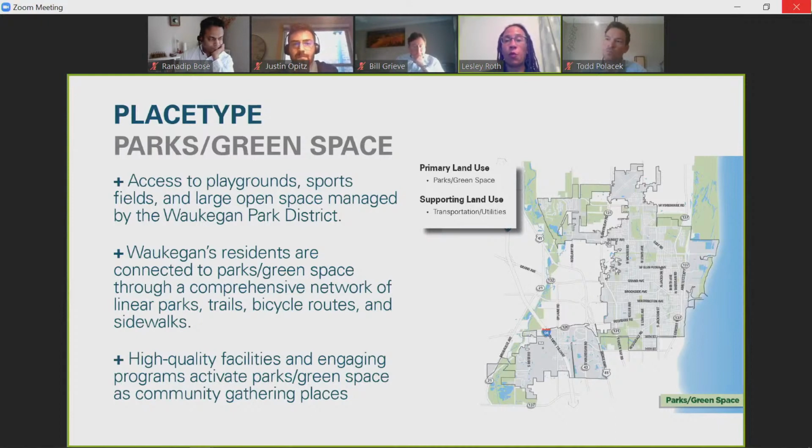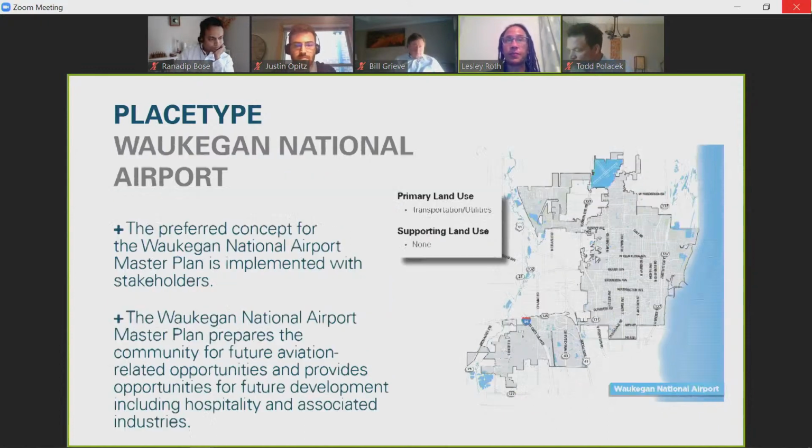However, we wanted, again, to plan for the future and make sure that all residents in the city of Waukegan were well served by parks and open space. We also wanted to really elevate the reputation, the accessibility and connectivity of parks, the ravines, and the lakefront to the residential neighborhoods. So the comprehensive plan strategies also address connectivity of these special areas.